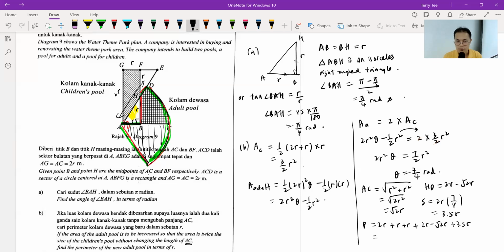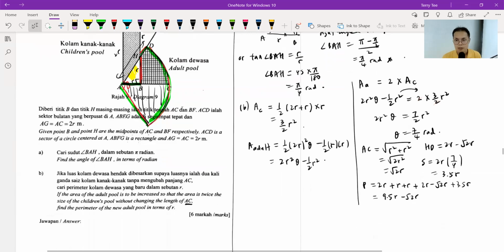I think the answer is not a nice number because it will be in terms of surd and decimals. 2 plus 1 plus 1 is 4, plus 2 is 6. 6 plus 3.5 is 9.5. So this is 9.5r minus square root 2 r. We can put it together and write this as (9.5 minus square root 2) r. You can change the decimal if you want, but I think this is good enough.